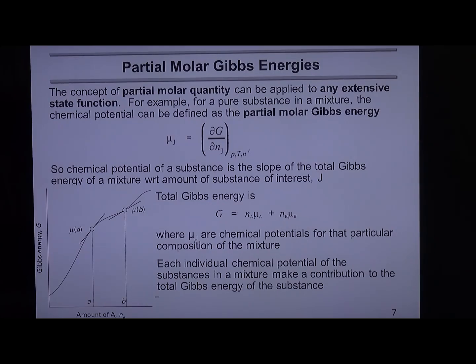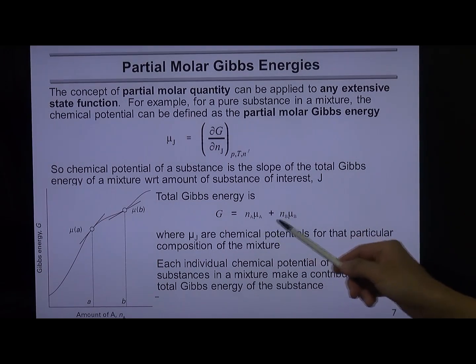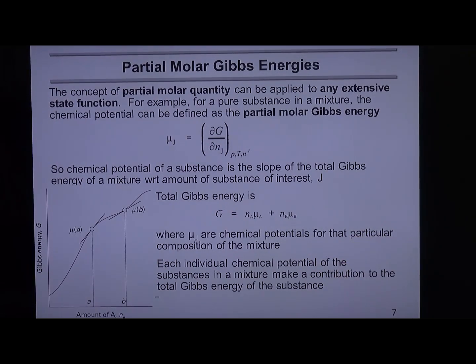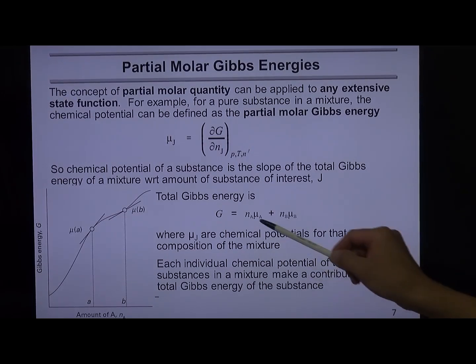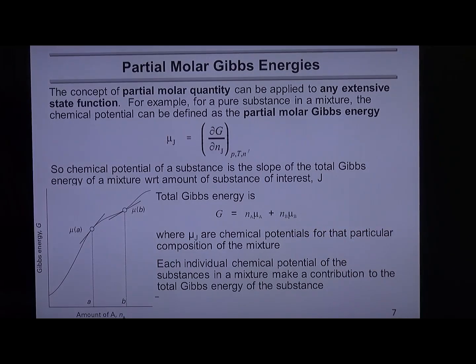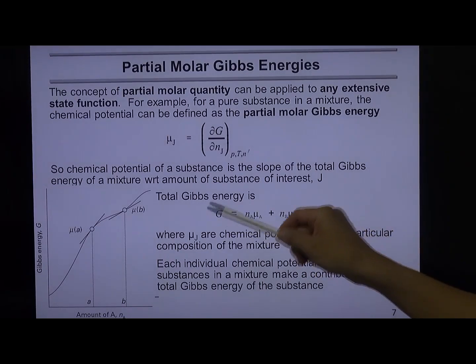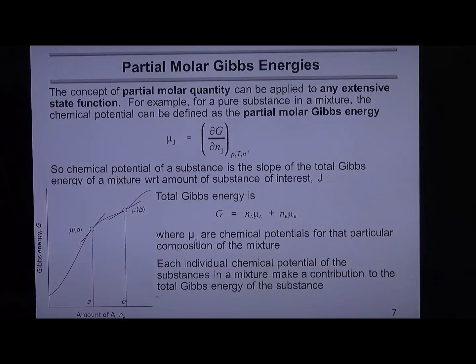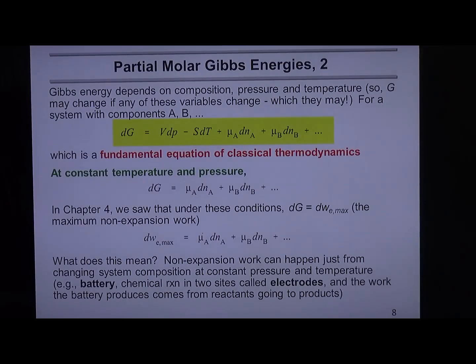So we didn't really need to worry about compositions or change in the amount of materials, right? But here, if you change the materials A or B in a mixture, that results in a change in Gibbs energy, okay? Meaning that there is another way to change the total Gibbs energy, right?